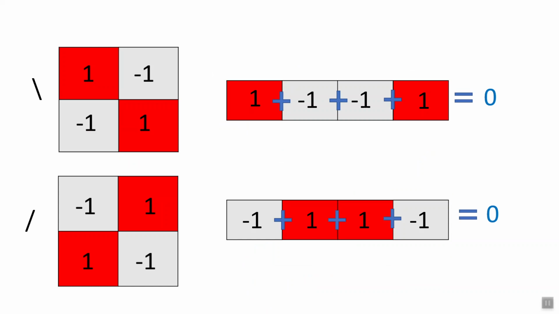So we'll go for multiplication. Multiplying these numbers, 1 times -1 times -1 times 1, we get the output 1. Similarly, for the bottom image, we get the same value. So what do you think? It is not good enough to give distinct values.